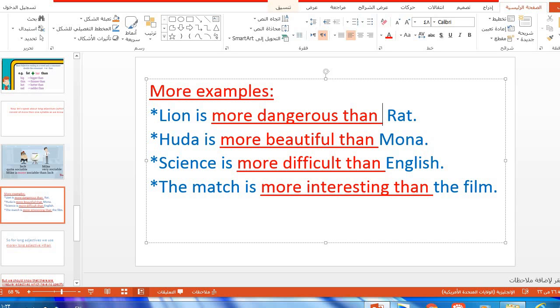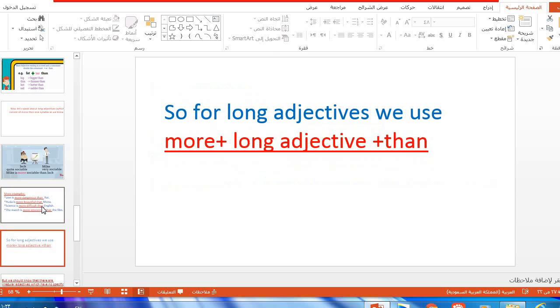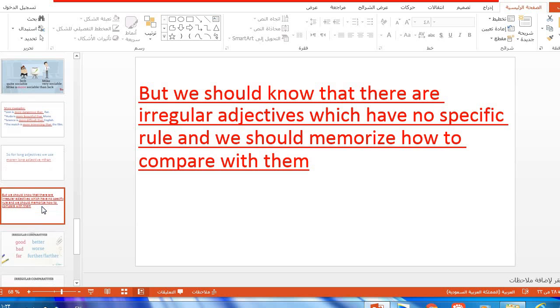Science is more difficult than English. The match is more interesting than the film. So, for long adjectives, we use more plus long adjective plus than.